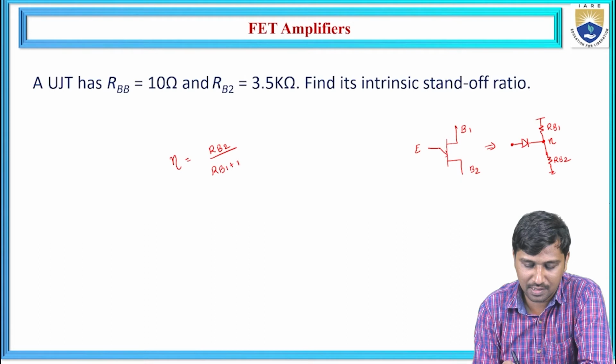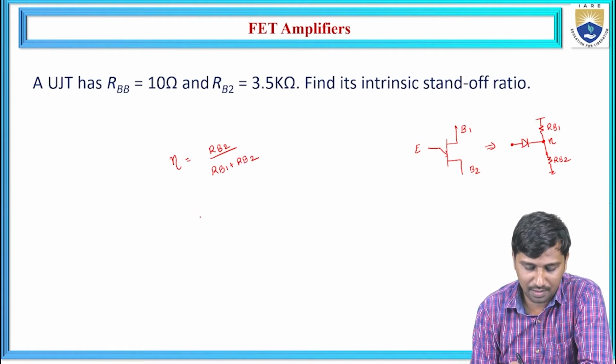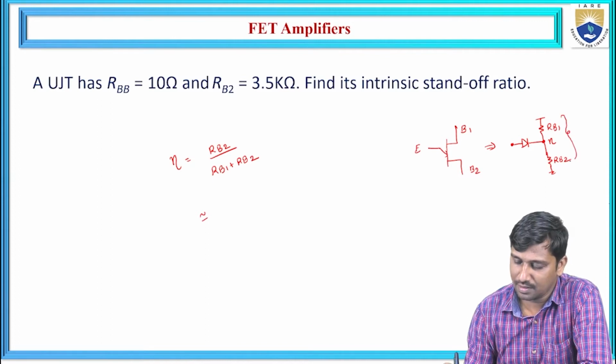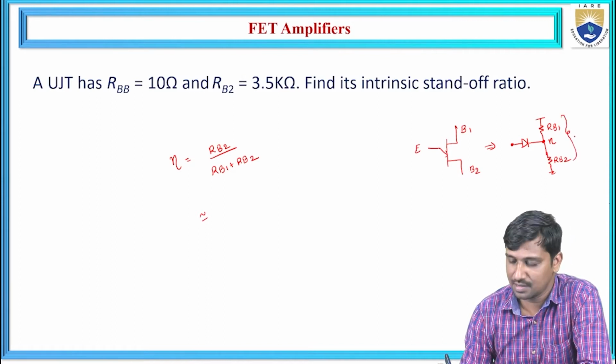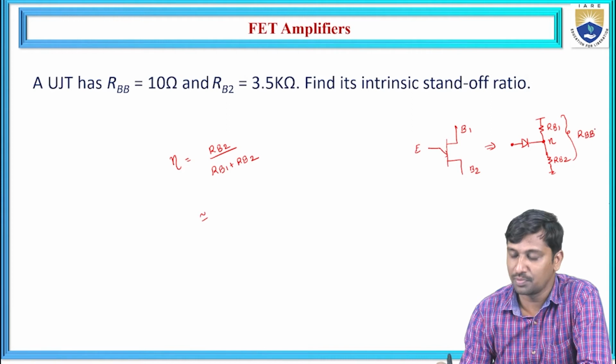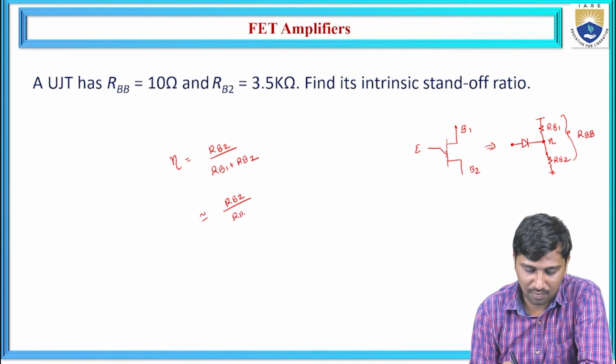The intrinsic standoff ratio is defined as RB2 by RB1 plus RB2. The total resistance, the summation of RB1 and RB2, is also represented as the total base to base resistance, hence it is represented as RB2 by RBB.